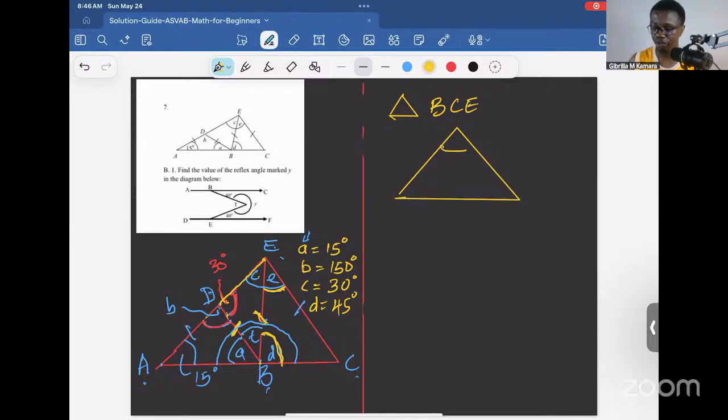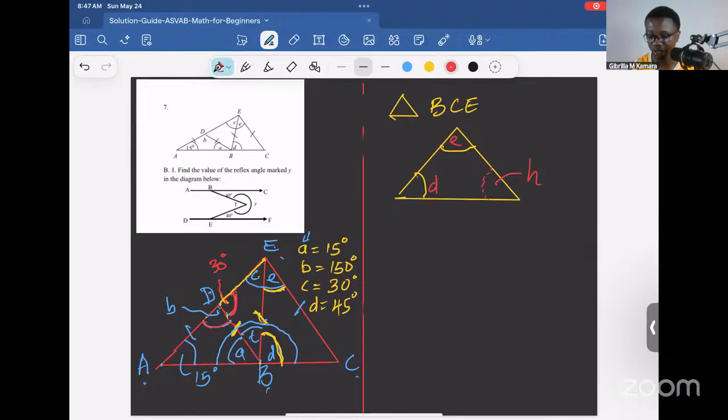So this is your E. This is your D. We don't know. So if this is your D and this is your E, we can just take any letter to be this one. Let's say this is H. Okay.